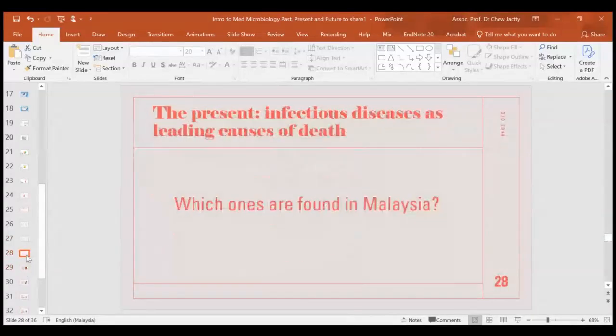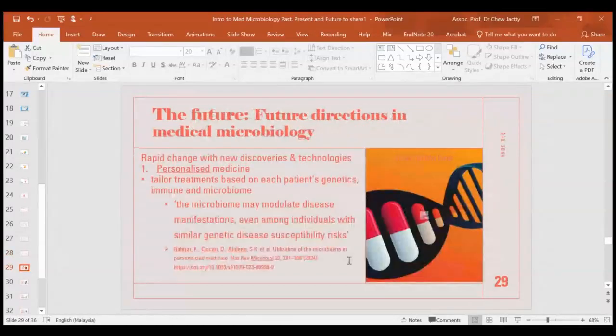So moving on to the future. We talked about the past, what happened. We talked about now, what we are seeing now, emerging and re-emerging infectious diseases. We looked at AMR. But for the future, what do we do? What is expected to be happening?